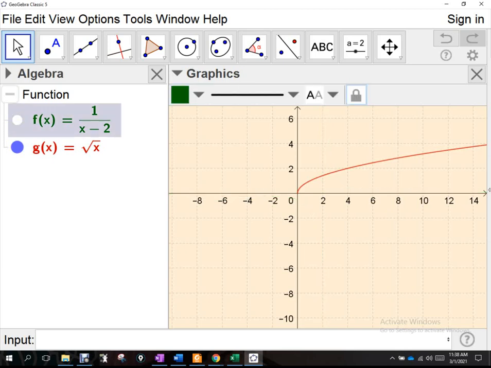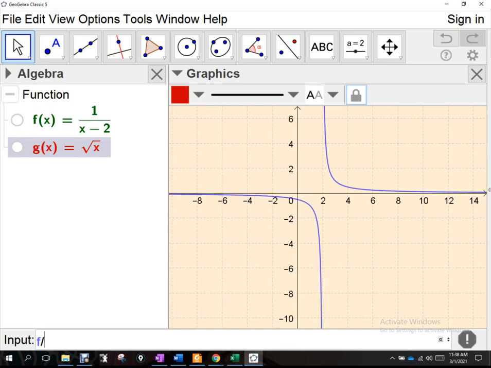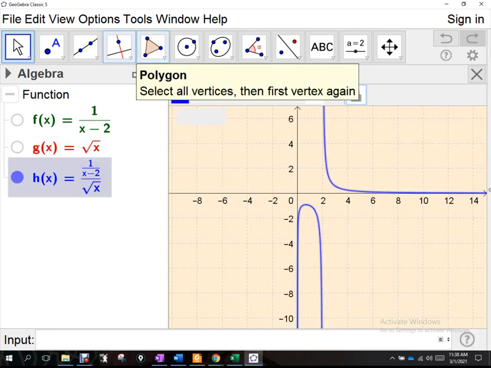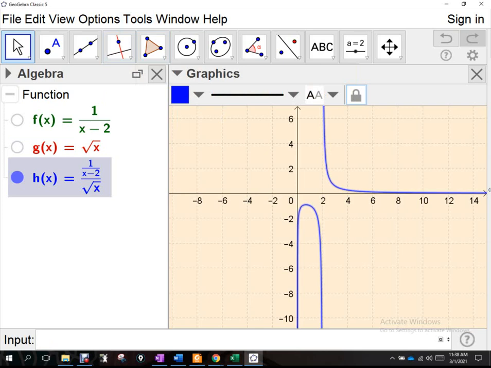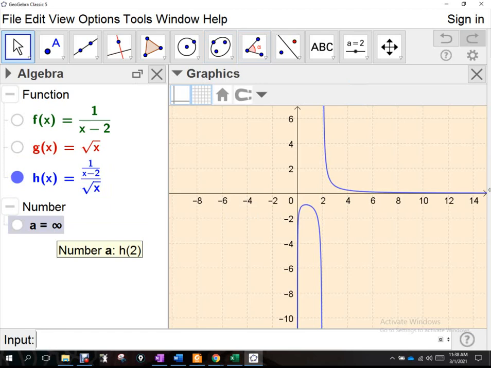But if I look at just what F divided by G looks like, you see there that this gives me this new function, which means if I put in H to be 2, because we said 2 is not part of our domain, we're not allowed to use 2. See how it gives me this number? It gives me infinity back, which doesn't really make sense because infinity is not a number, it's an idea. So that would tell me it's undefined.